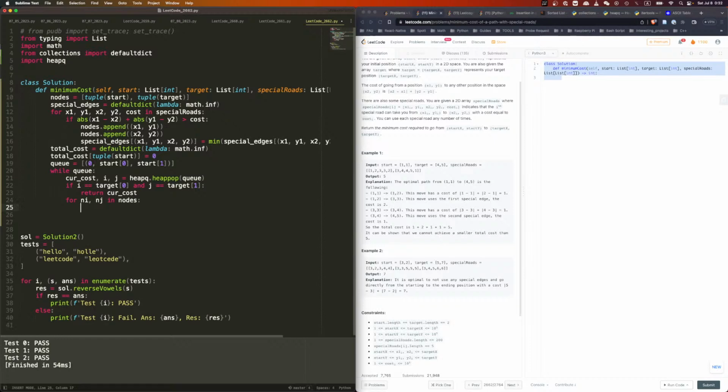Then we can say next cost shall equal current cost plus minimum of abs(i minus ni) plus abs(j minus nj).